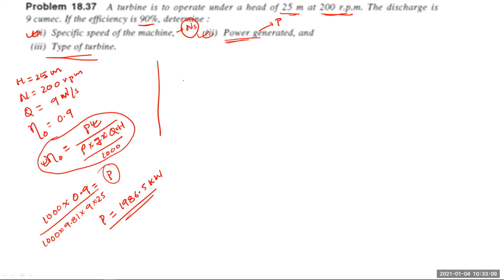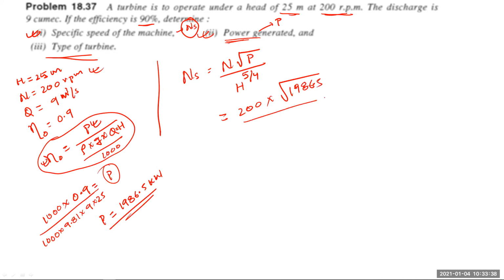Now, you know the formula for your specific speed. Ns equals N root P divided by H raised to the power 5 by 4. All the values are well known to you. N is 200 RPM, so you put 200 into root under the P value you have calculated, 1986.5, divided by H, which is 25, raised to the power 5 by 4.